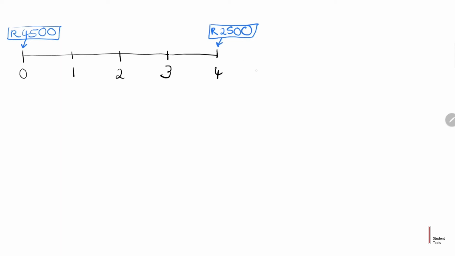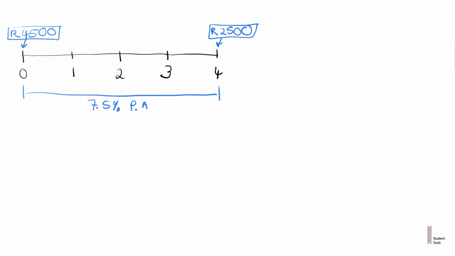And then we're told about the interest paid on the savings account. We have an interest of 7.5% per annum, compounded annually.